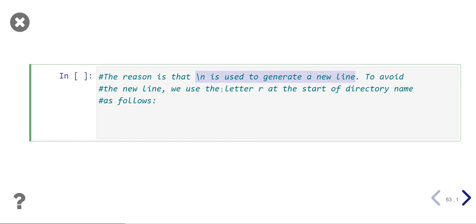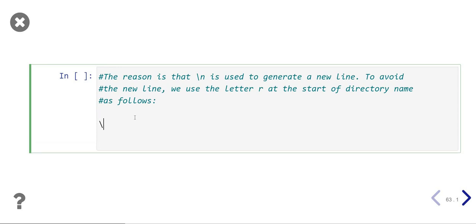To avoid the new line, we use the letter r at the start of the directory name. So we use print, then the letter r, and now it has C colon backslash new directory.